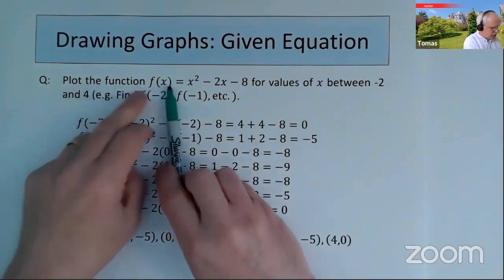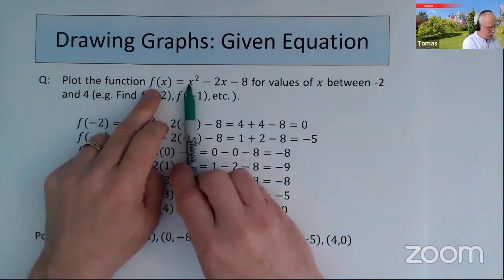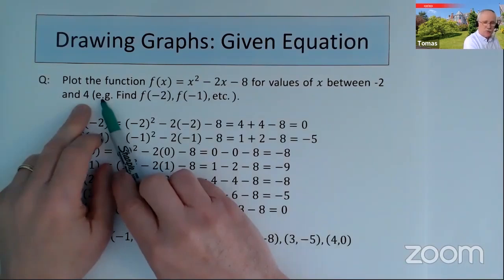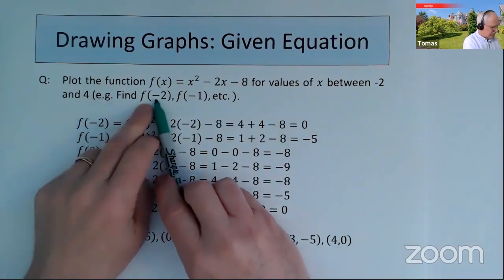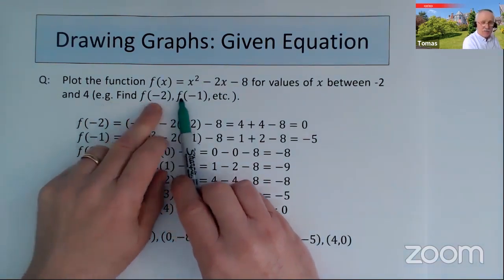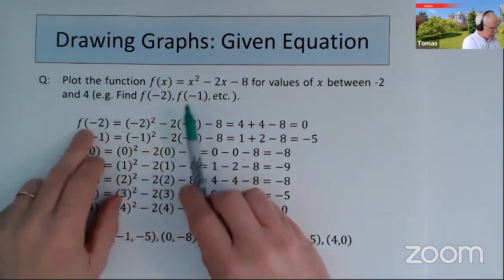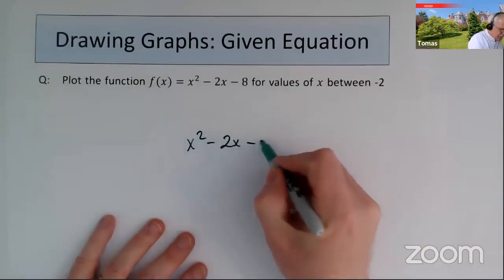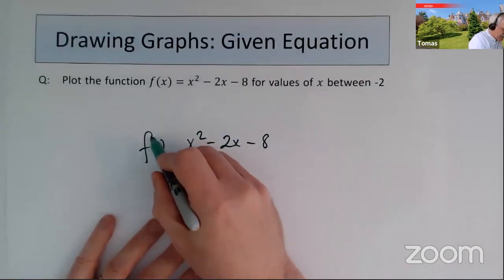So plot the function f(x), y equals x squared minus 2x minus 8, for values of x between minus 2 and 4. In other words, find the value of f(-2), when x is -1, etc. So what we do here is we look at x squared minus 2x minus 8, f(x).